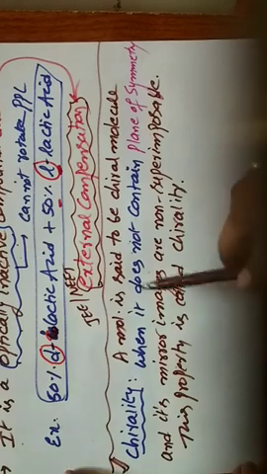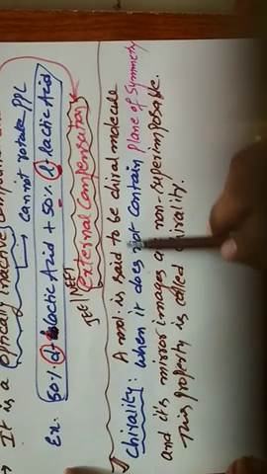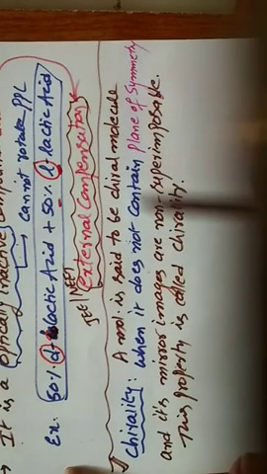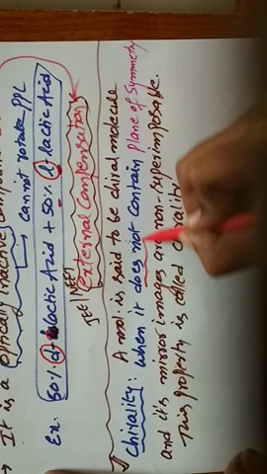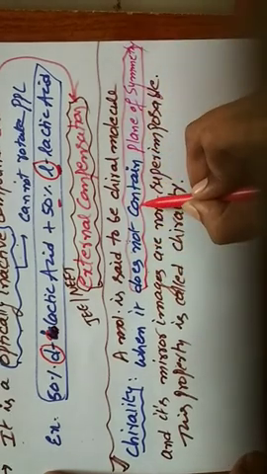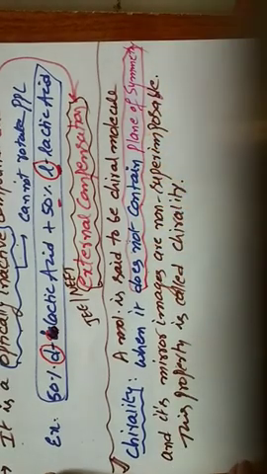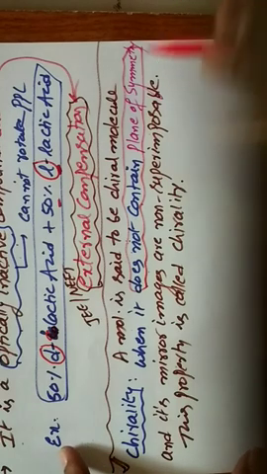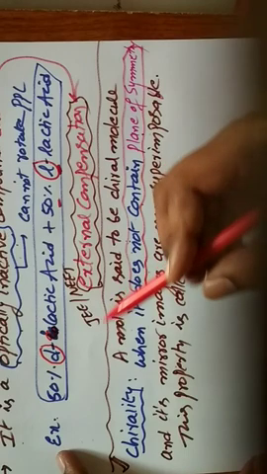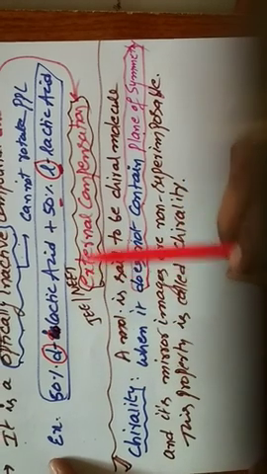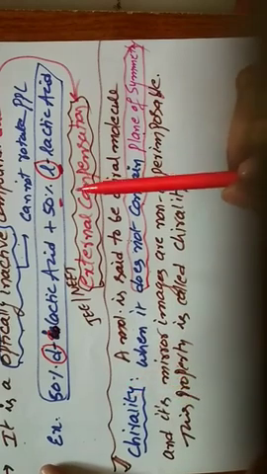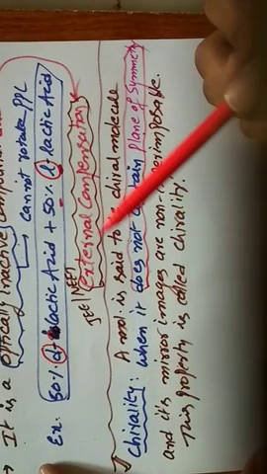So a molecule is said to be a chiral molecule when it does not contain a plane of symmetry. Plane of symmetry means, as we already discussed in the previous class, an imaginary line we can draw if the molecule is divided into two equal parts.